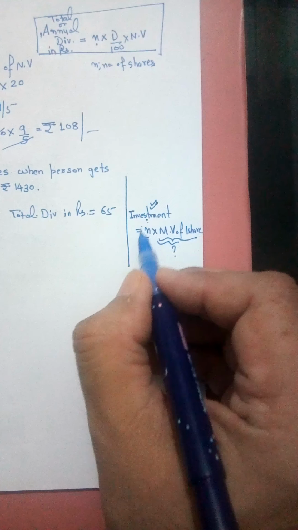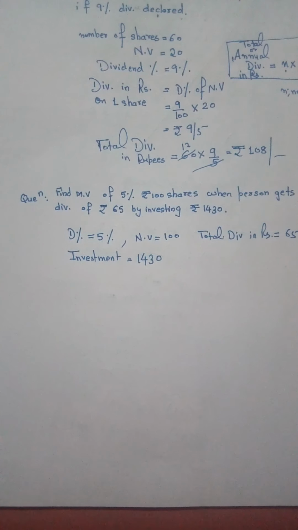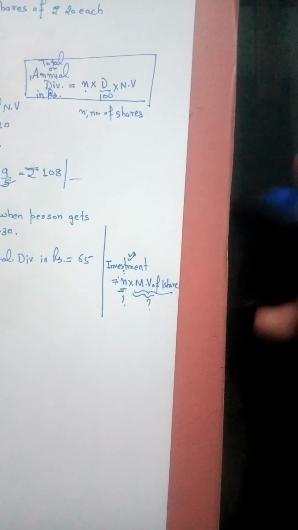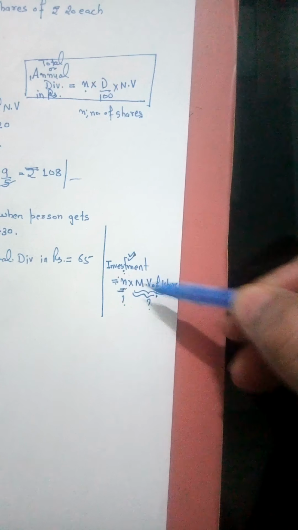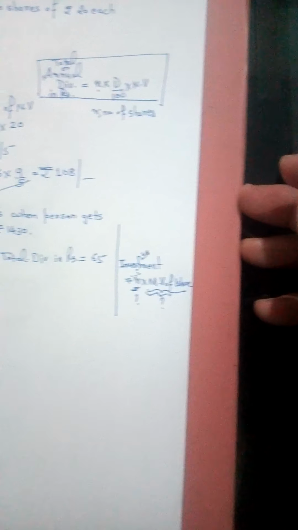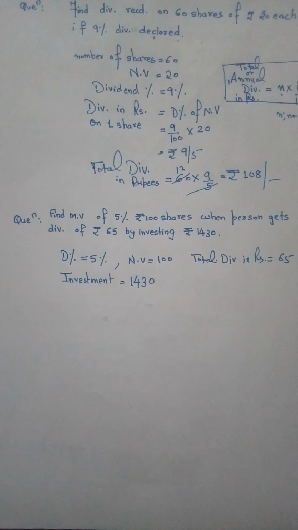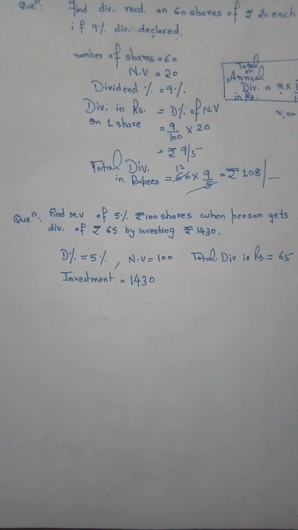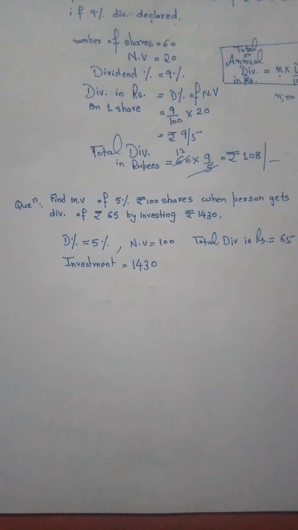But whatever is given to me, I can extract this n, the number of shares. Now see how I will get n, and then I'll use that n in this question, investment in n, to get market value. But first I have to find n, because that easily I can obtain from the data given in the question. What is the data in the question? D% is given.